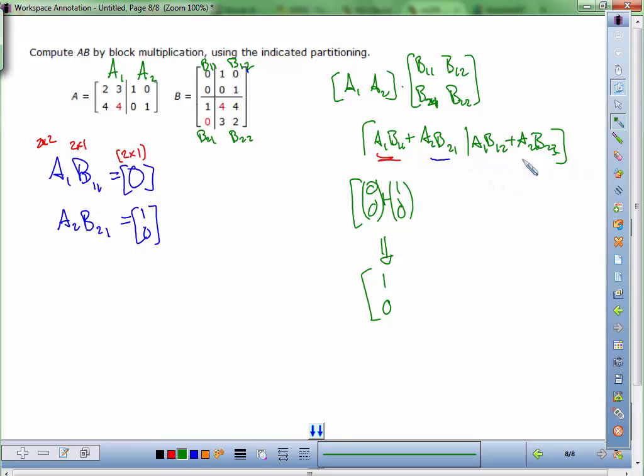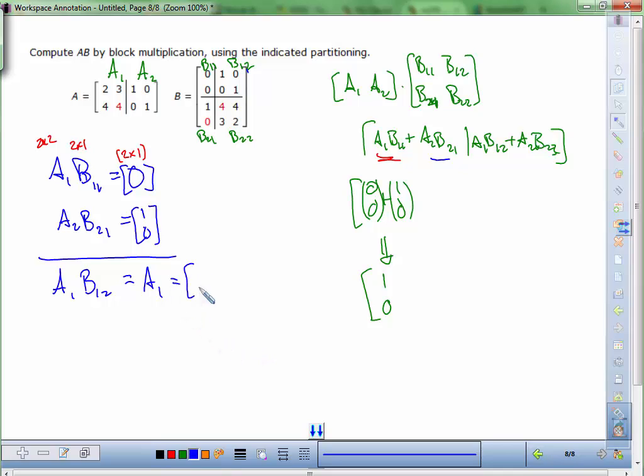And now let's figure out what happens on the other side over here. I need an A1 times a B12. So the B12 is an identity matrix. So this would just be A1, which is 2, 3, 4, 4.